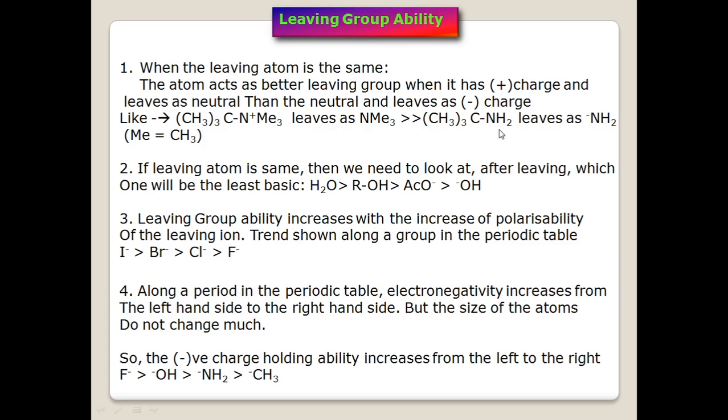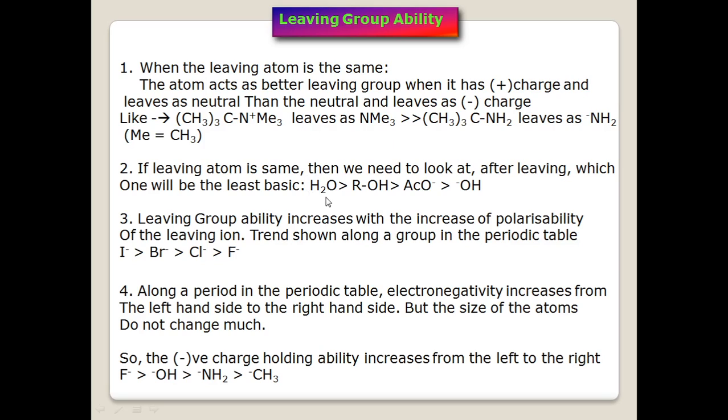Compare that to the kind of leaving group which is attached to the substrate as neutral with the bond pair of electrons, when it leaves as a negative charge ion, that is not encouraging compared to the first case. So the first case is better leaving.